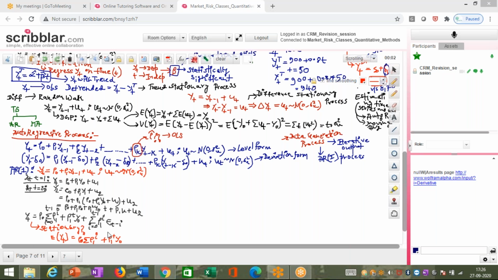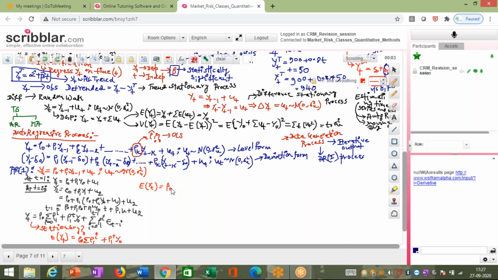Okay, so as I was saying, this is what becomes of the expected value of the series once it is taken. Now, if I think about this equation that we have written, the expected value of the yt series, and I expand this series, it comes to the following.